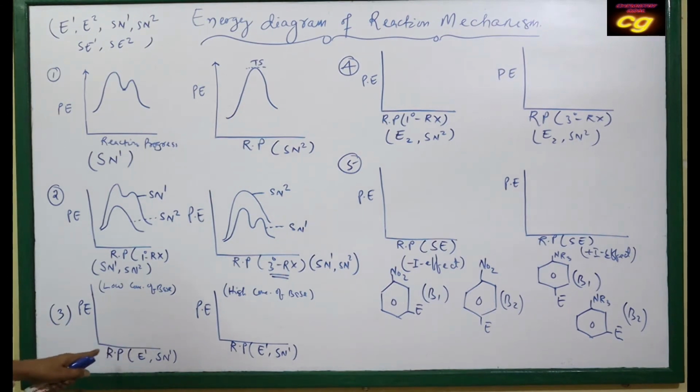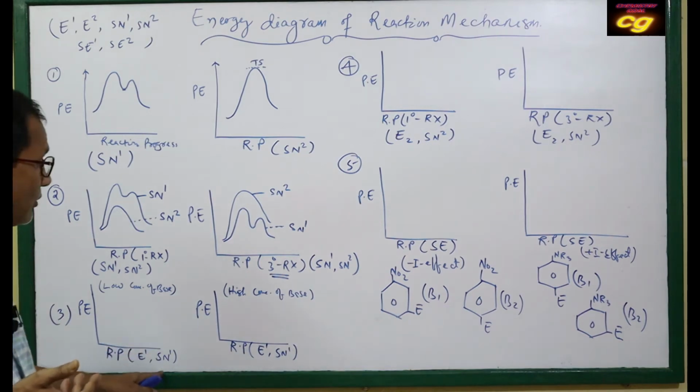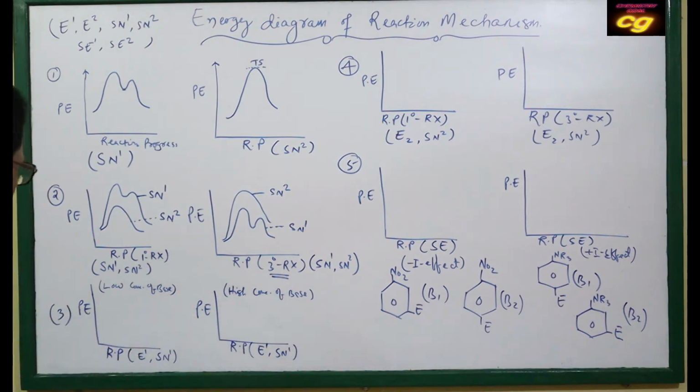graph. This graph indicates potential energy versus reaction progress for E1 and SN1. Elimination versus SN1, which means substitution. E1 and SN1 difference: at a low concentration of base, SN1 is preferred. Low concentration of base means SN1 is always preferred.